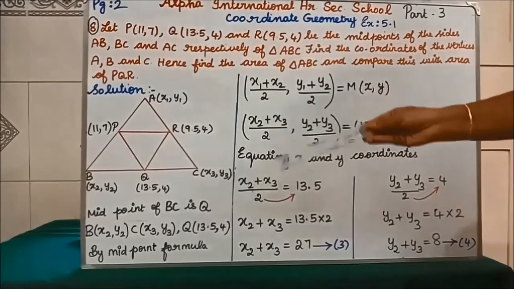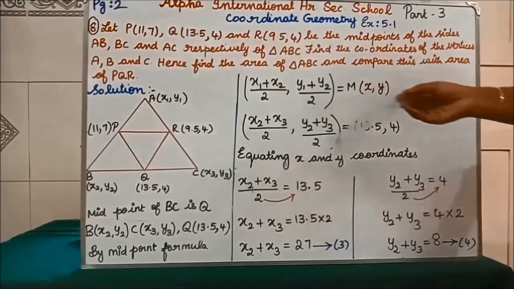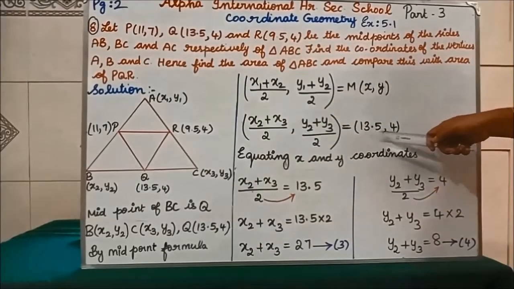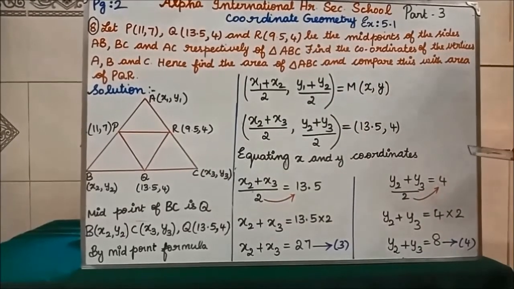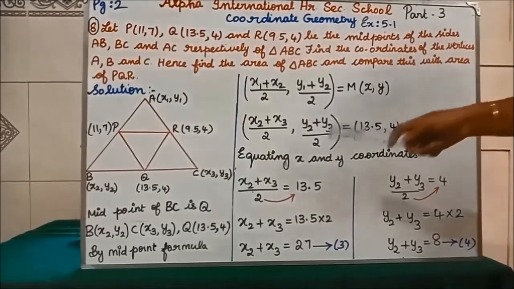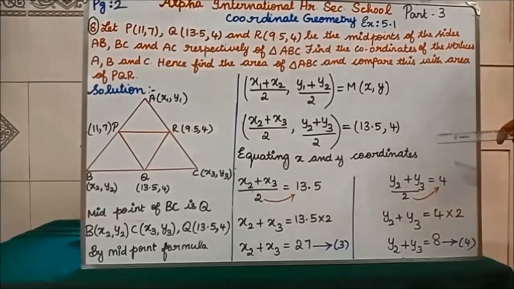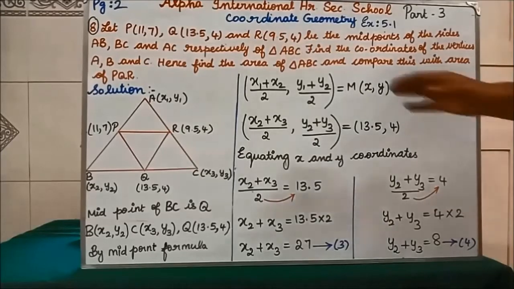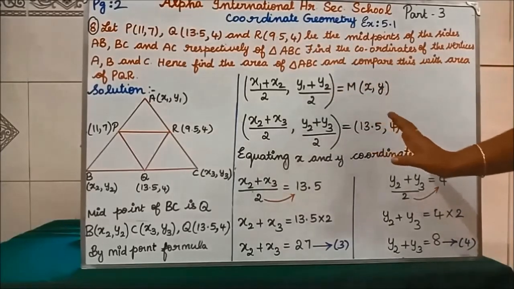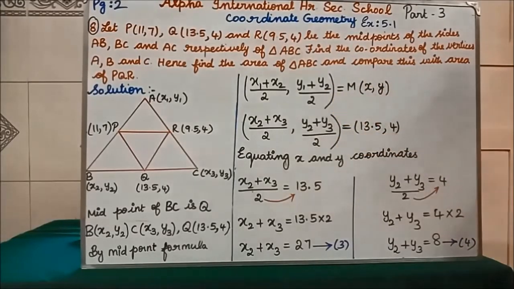The midpoint for the BC line is Q. So Q is 13.5, 4. How did we do it for the AB side? The same: equating the x and y coordinates. This x part is equal to this x part, and this y part is equal to this y part.